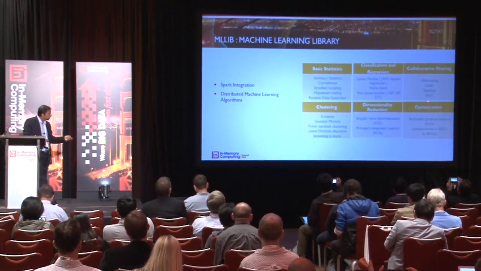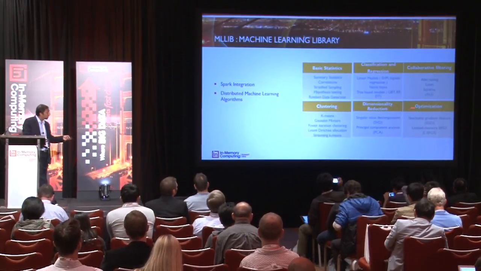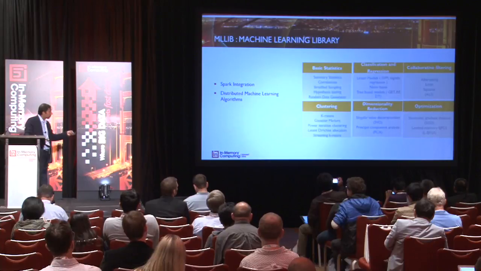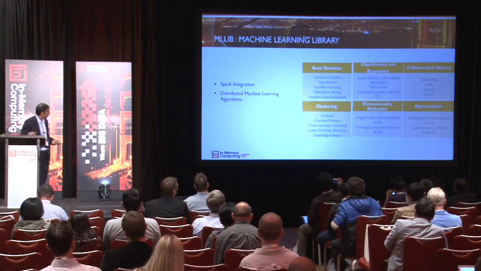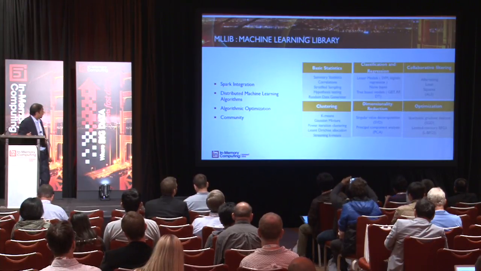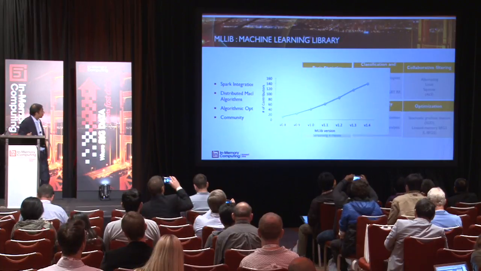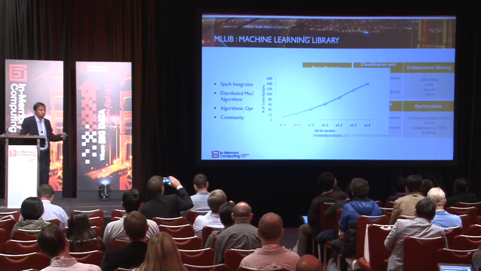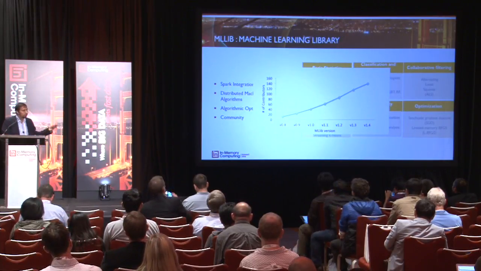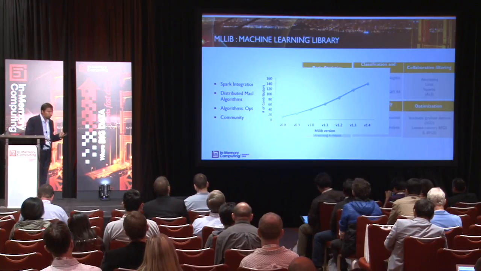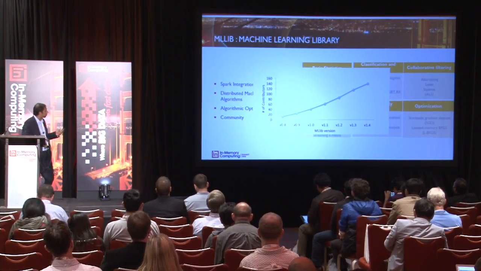So we had to write algorithms on top of it, and we use the optimization algorithms that are there. It also has a very good, growing community. We are also contributing to this, so it's in the pipeline of contributions that it has to go into the system.